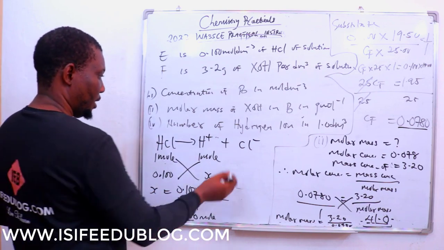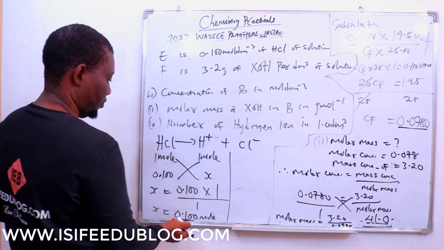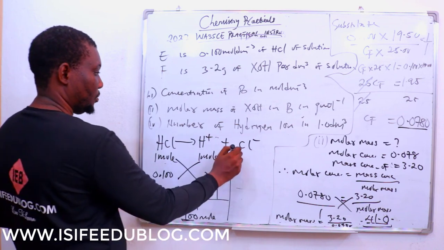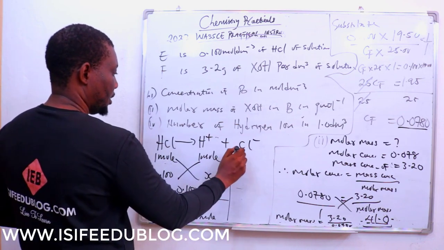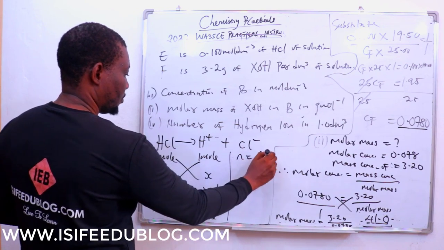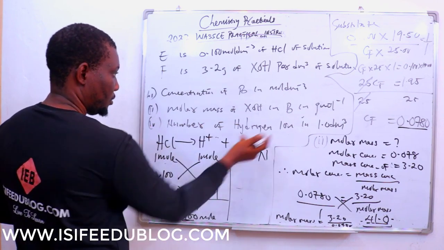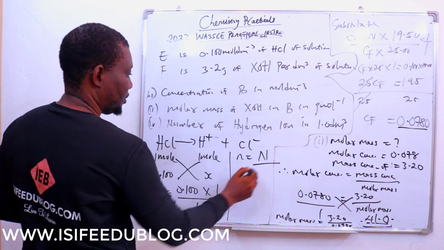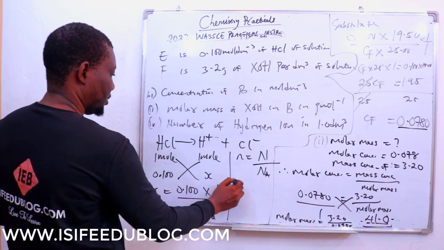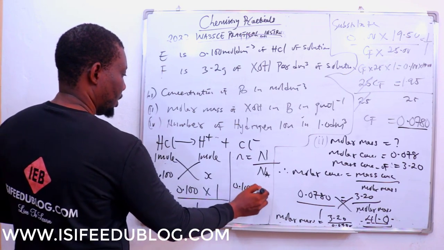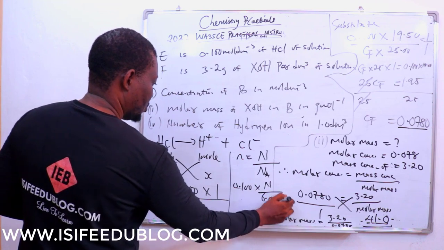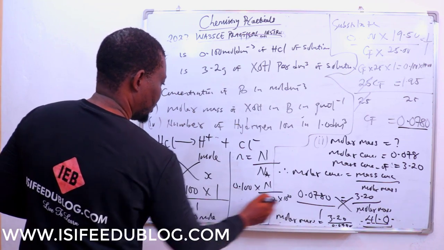But in that case, if you are not satisfied here, you can now find the number of particles. You remember, now you know the moles. The number of moles, n, equals the number of particles, the ions, over Avogadro's number. So we have 0.100 times, you're looking for N, Avogadro's number is 6.02 times 10 to the power 23.